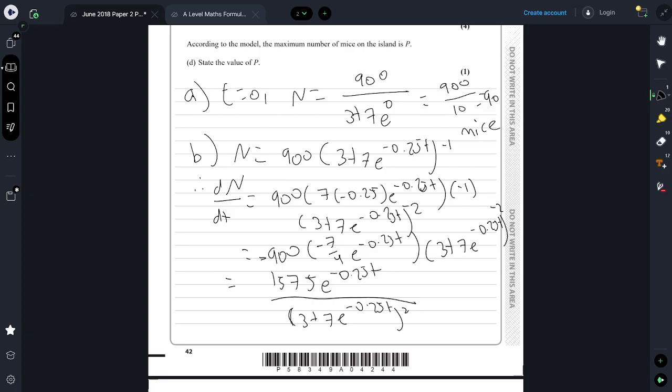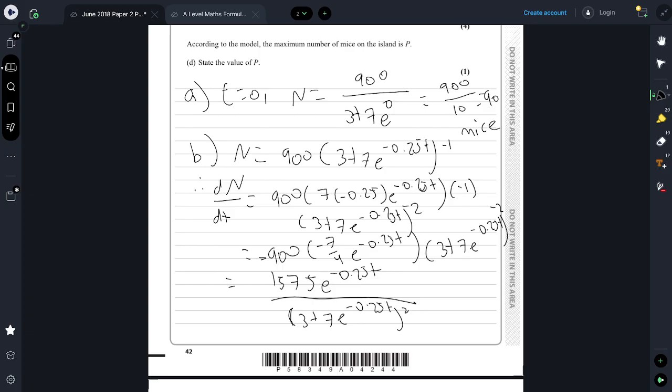So 900 times the derivative of this, which would be 0 plus 7 times the derivative of this, which is just minus 0.25, of e to the minus 0.25t, times by minus 1, because that's the power, and then you knock it down by 1. So, hang on.